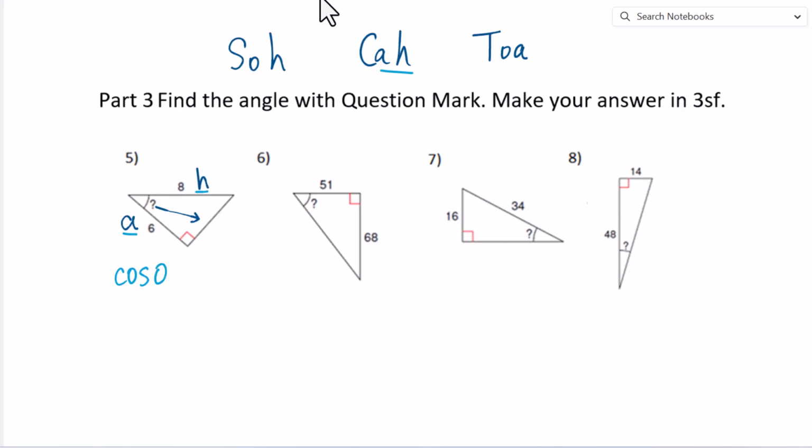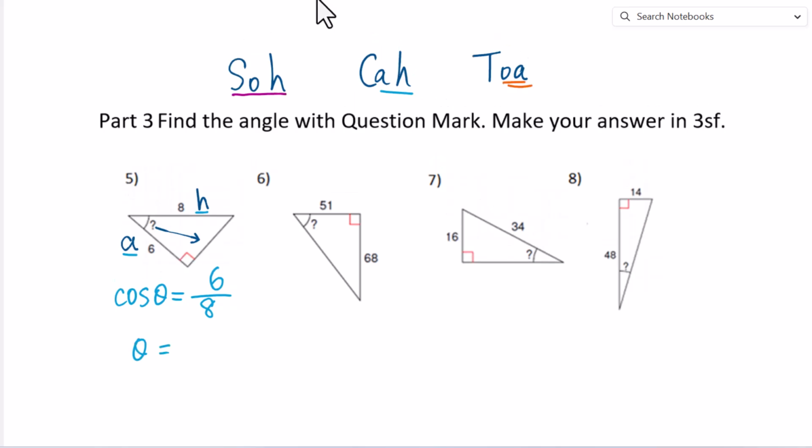Cosine theta equals A over H is 6 over 8. You don't need to reduce. We can use a calculator to get the answer. So theta equals inverse cosine of 6 over 8.